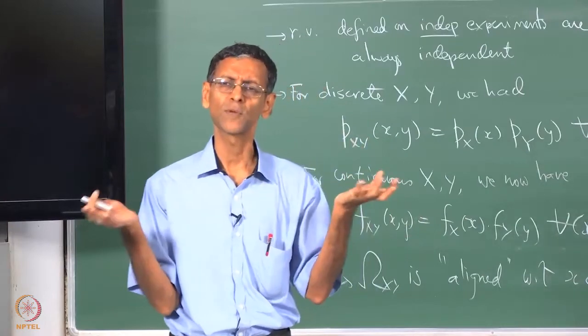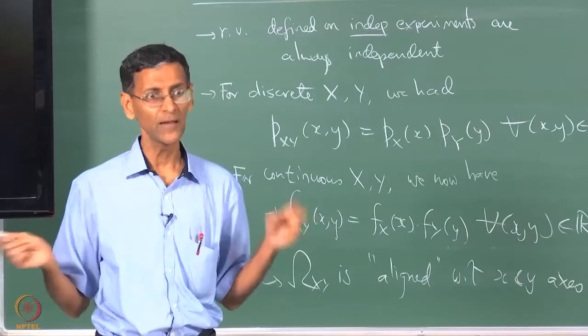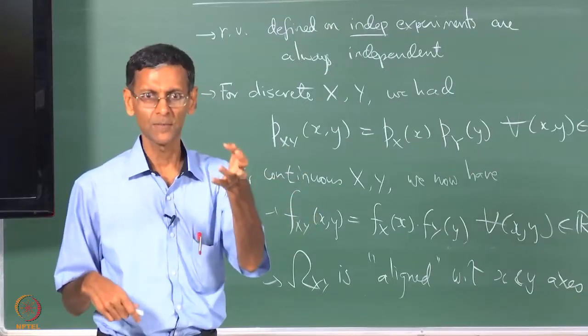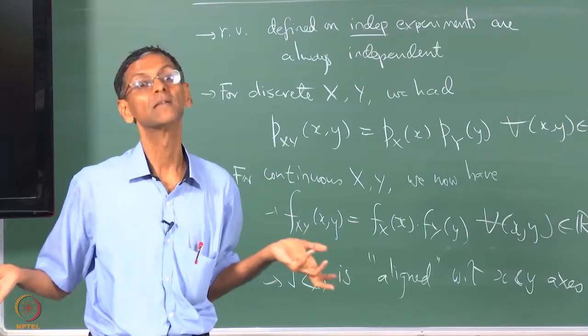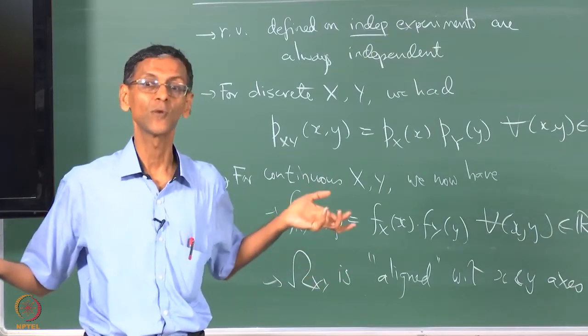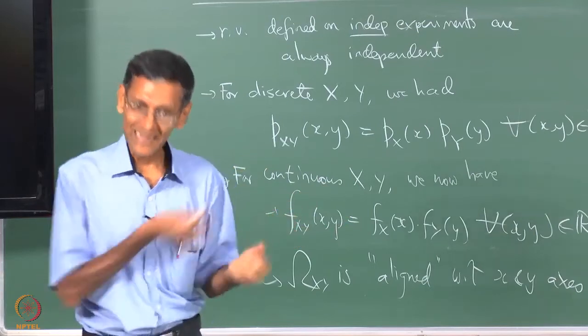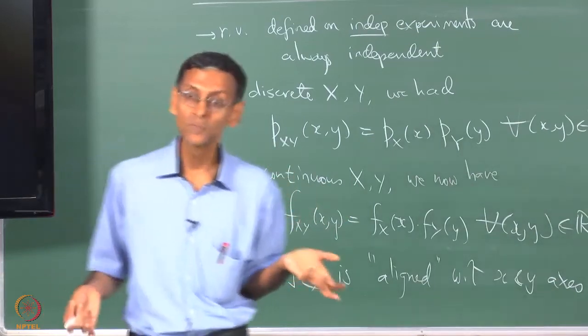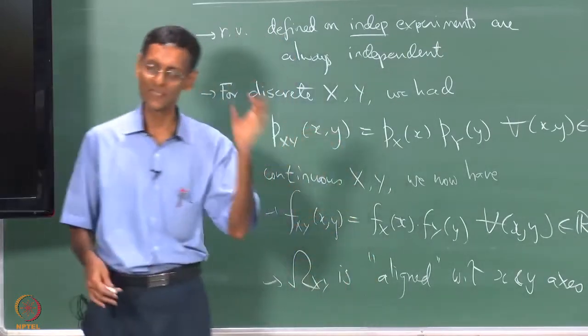I think in one of the homework problems you would have seen, for example, z equal to xy for uniform 0 1 in that third problem set. You would find that x and z were actually independent, even though z was equal to x into y. You did that, right? Like that you can get independence by accident also. It is not so commonly encountered, but it does happen once in a while.